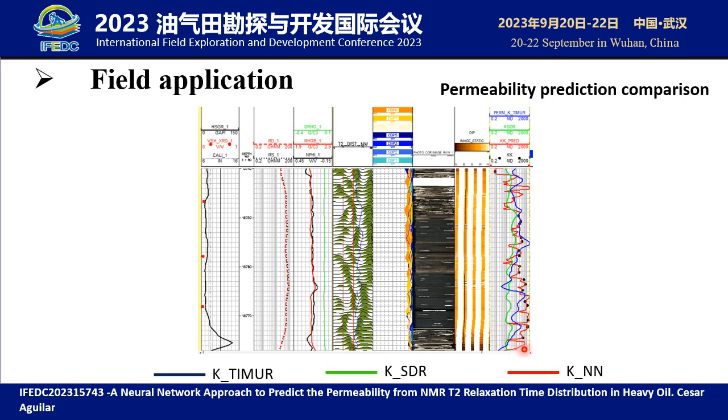In red, you will see the neural network predicted permeability, and it does match the permeability measurement from core.